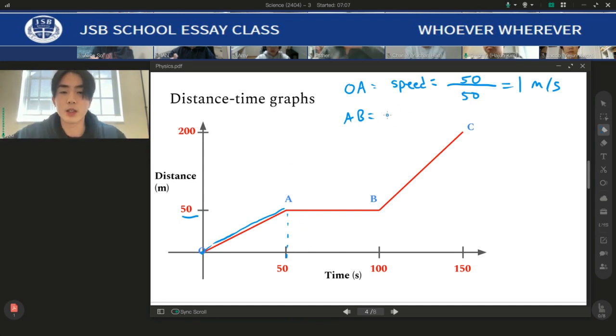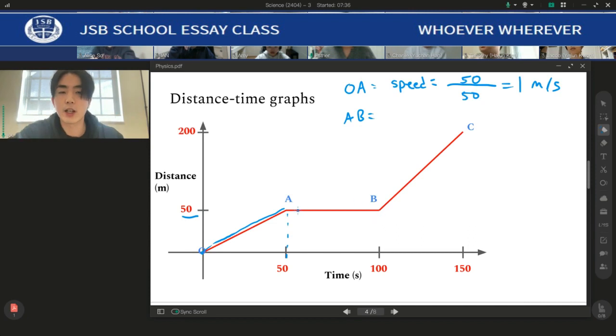Yeah, so A to B. What's happening to the car? Esther, A to B? What do you think is happening to the car? This distance.